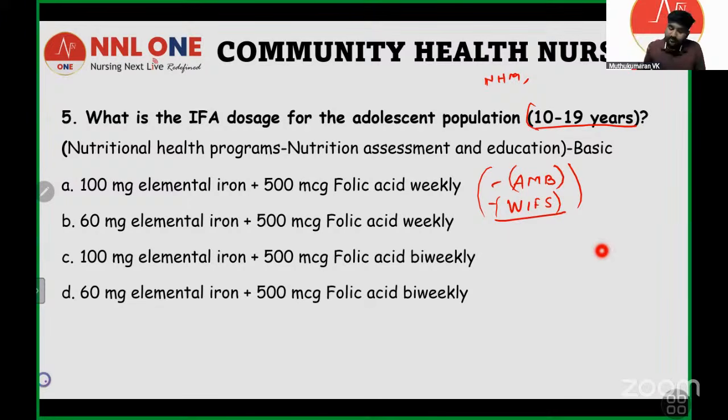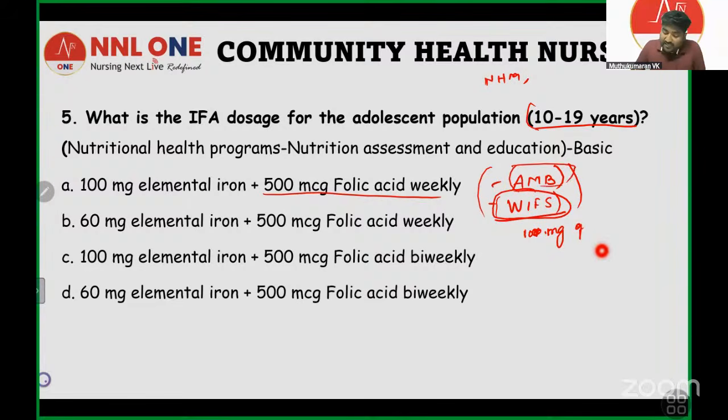Here, what the weekly iron and folic acid supplement says is we have to give 100 mg of elemental iron plus 500 mcg of folic acid. That is the weekly iron and folic acid supplement. Don't answer, children. Just wait.